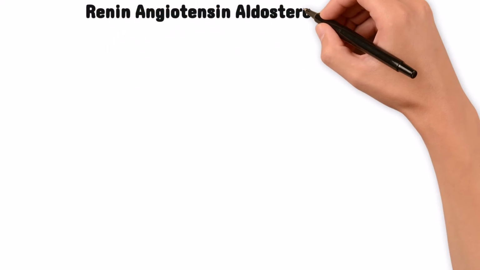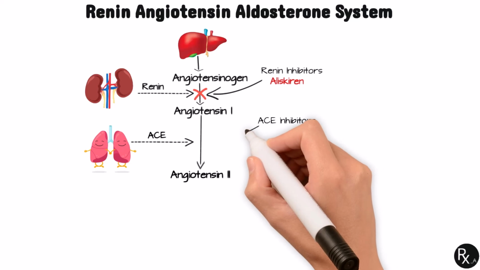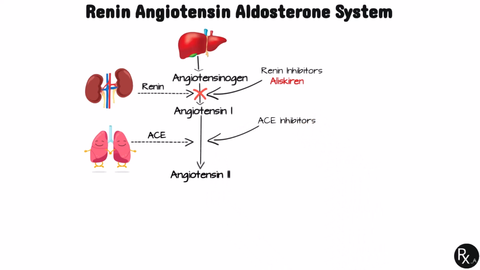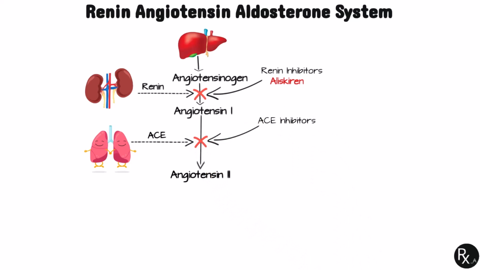All right, let's move on to the angiotensin-converting enzyme, ACE inhibitors, which are the next class of medications for heart failure. This class of drugs selectively inhibits the angiotensin-converting enzyme, reducing the generation of angiotensin II and its effects on vasoconstriction, aldosterone secretion, and ADH.